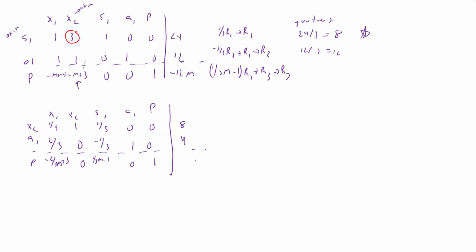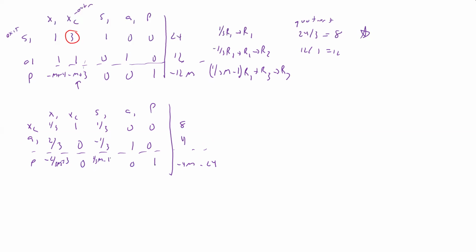And so that's going to be 8, so it's going to be a minus 4m. And then it's going to be 8 minus 8, minus 24. Okay. So we're getting some weird fractions and stuff in here, but that's okay.